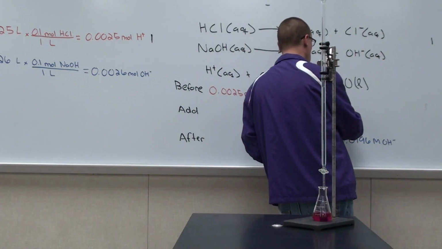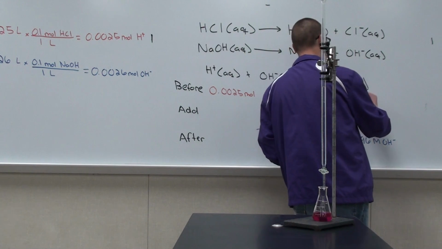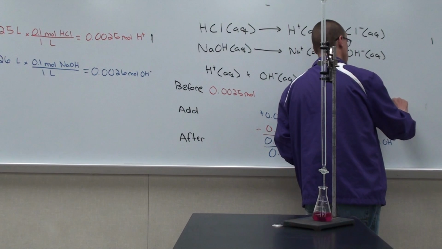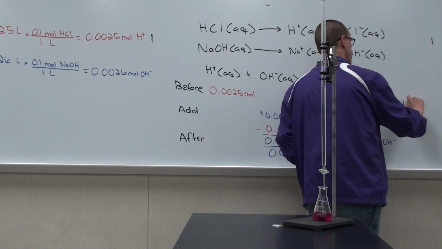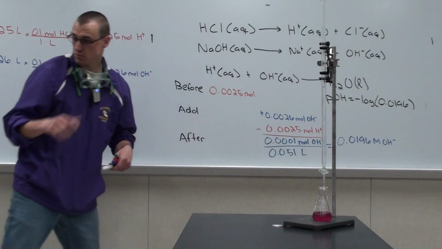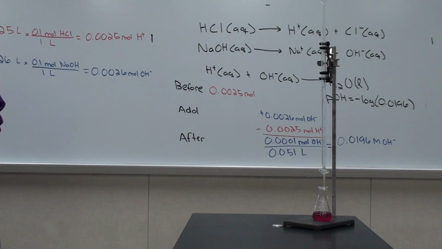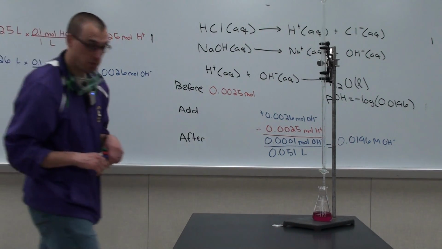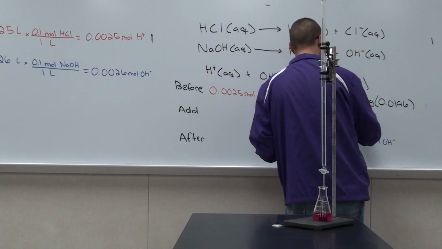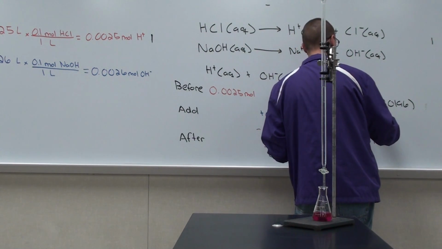So the pOH in this case is going to be the negative log of our 0.00196 molar OH minus. I'm going to plug this into our calculator, and I end up with a pOH of 2.71.